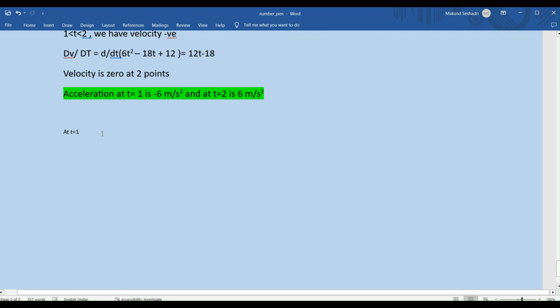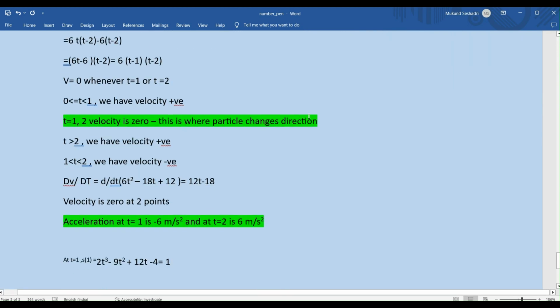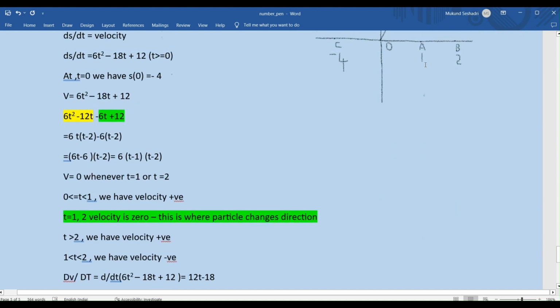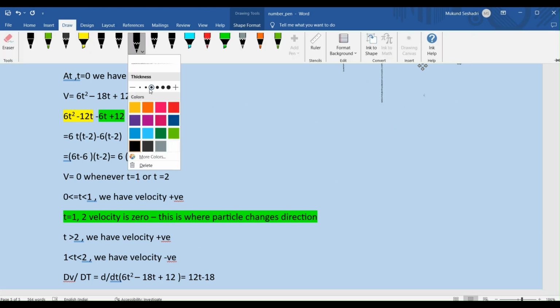So s of 1 equals 2 minus 9, which is minus 7, plus 12 minus 4, which is 1. So you can see that at the time t equals 1, the particle has moved here. The particle started from the point C and moved to the point A.